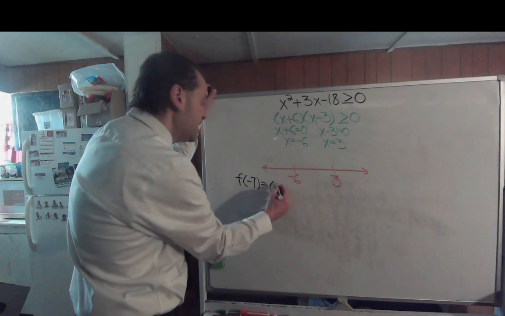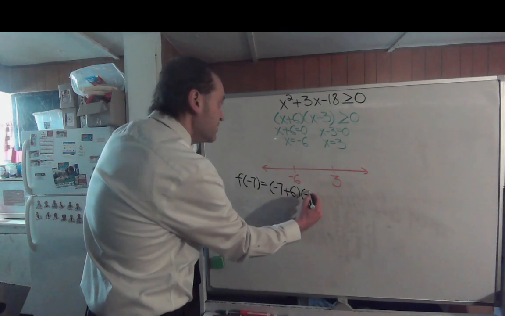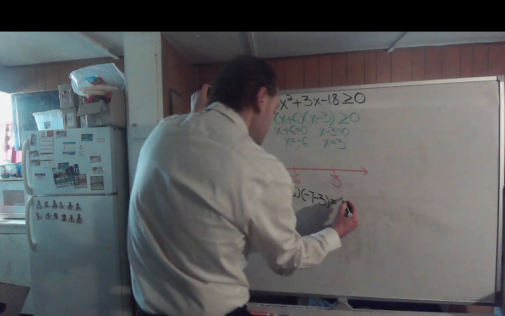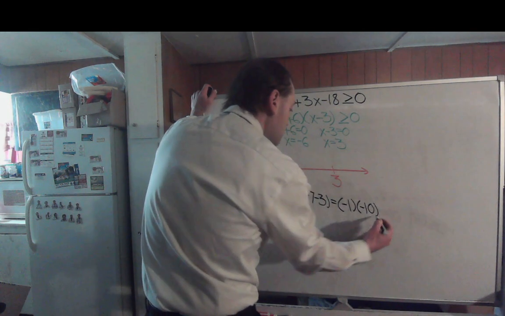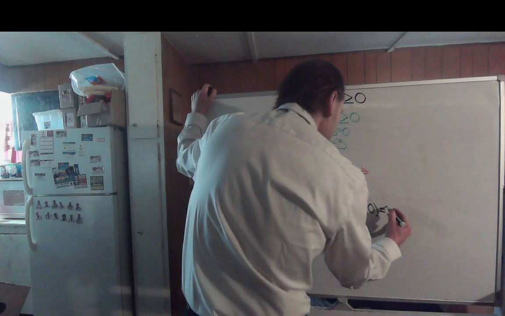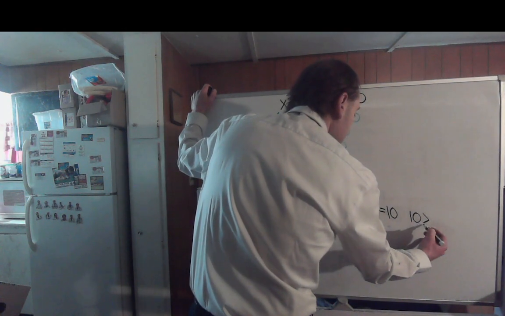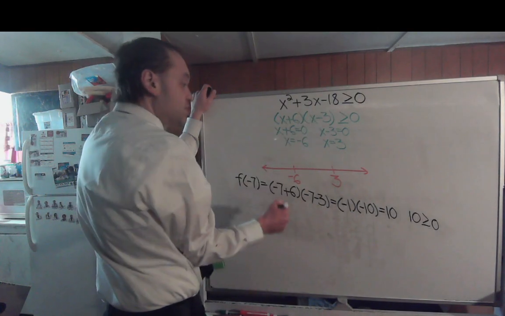That would be equal to negative 7 plus 6 times the quantity of negative 7 minus 3. Well, that would end up giving you, of course, negative 1 times negative 10, which would end up giving you positive 10. And we know 10 is greater than 0, right? 10 is greater than or equal to 0. So that meets the criteria.